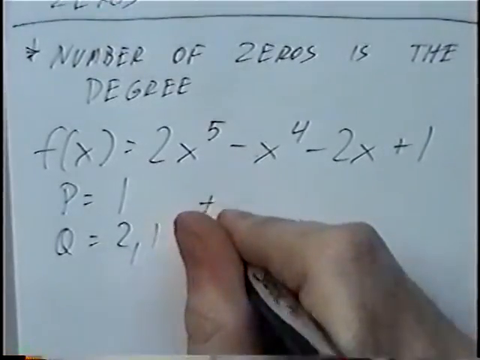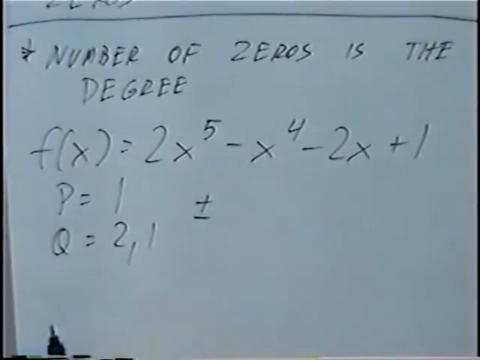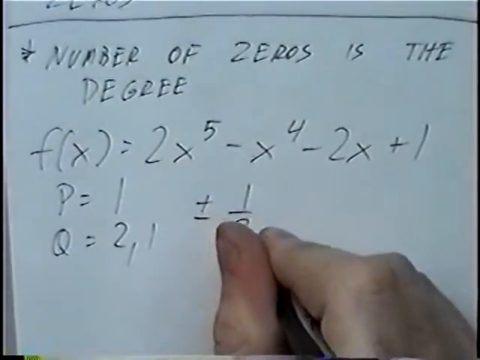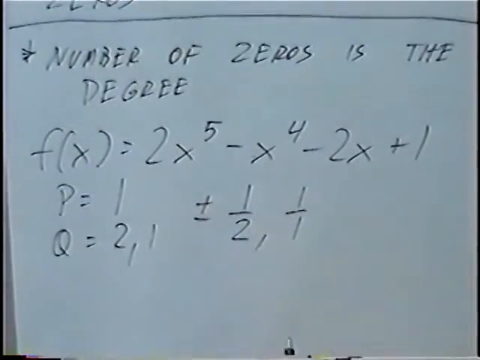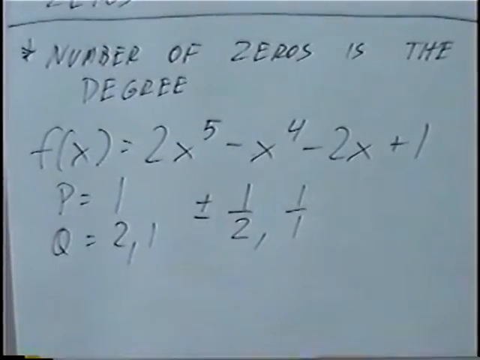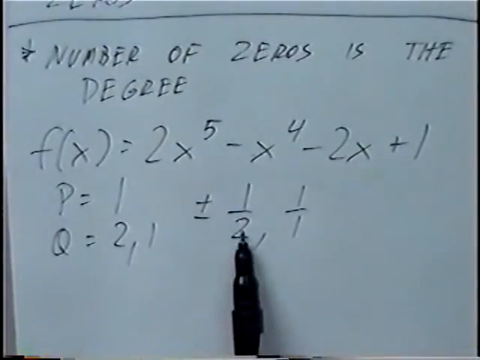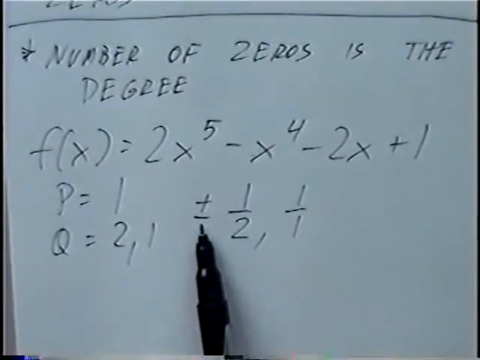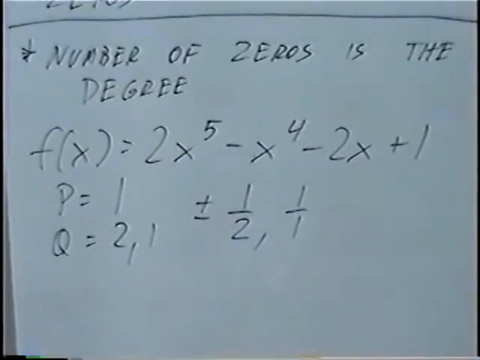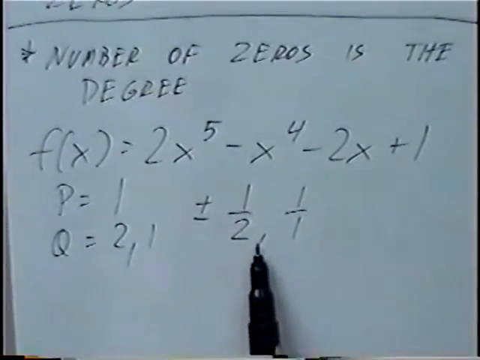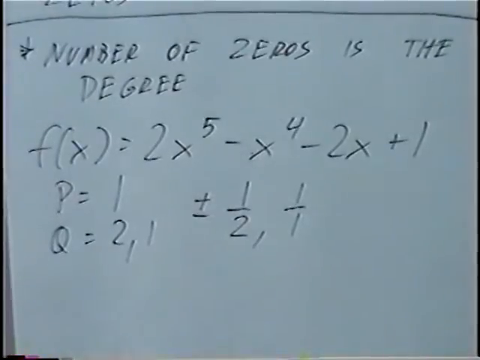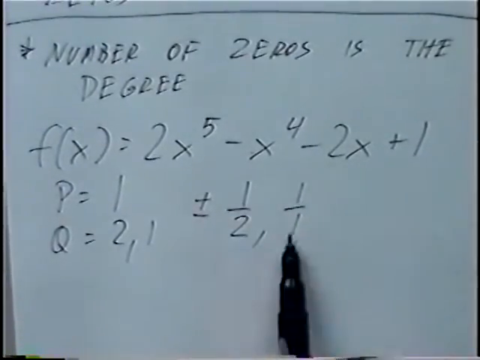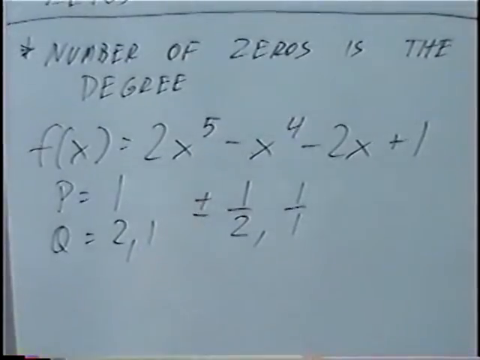So listing out the possible zeros, could be positive or negative, 1 over 2, or 1 over 1, which would be 1. So the possible rational zeros, positive 1/2 and positive 1, and also negative 1/2 and negative 1. And again, some of these will be zeros and some of them will not. To determine which ones are the correct answers for the question, we can take these numbers and divide them into the expression.